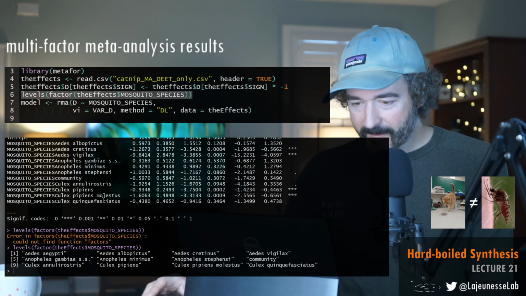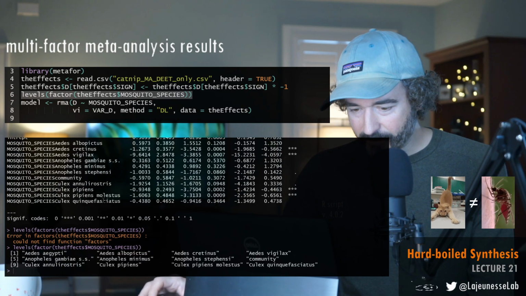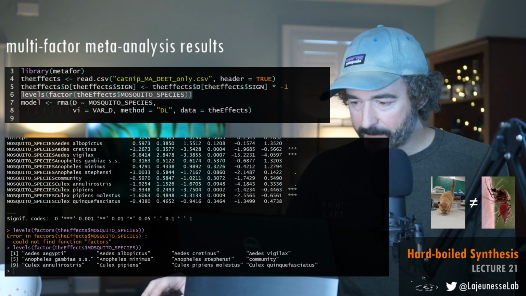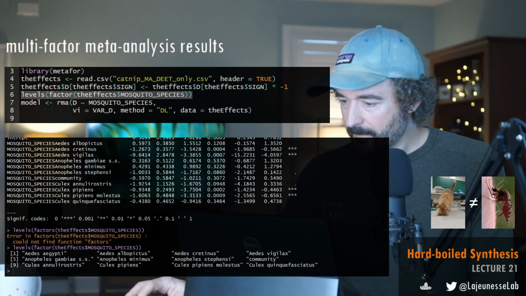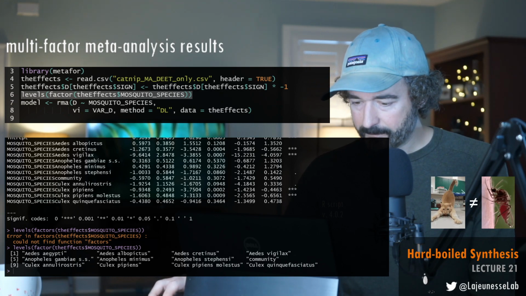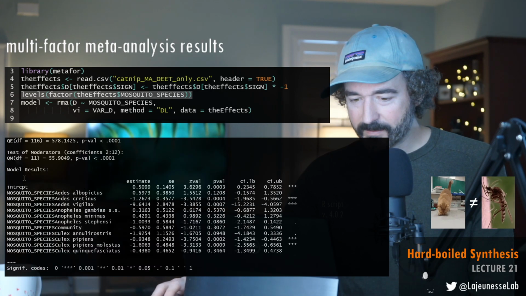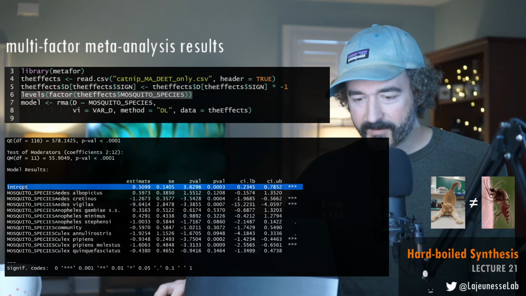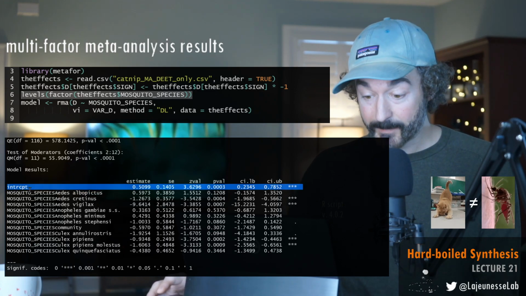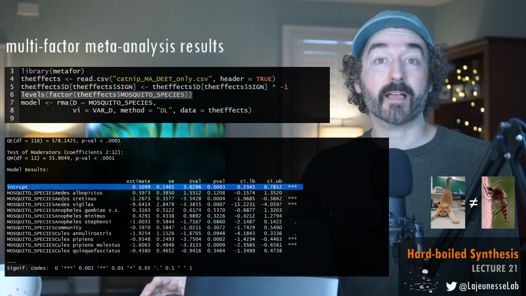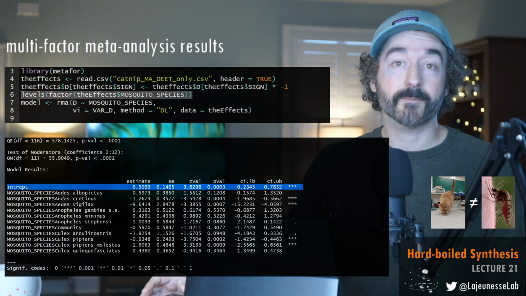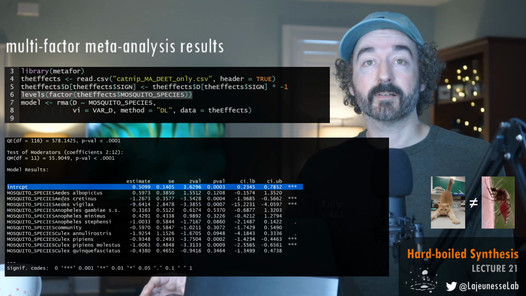All right, so everything is relative, it looks like, to Aedes aegypti. All right, so all these regression coefficients right here, the intercept here means Aedes aegypti. Okay, and so everything that follows is a contrast relative to that mosquito species.